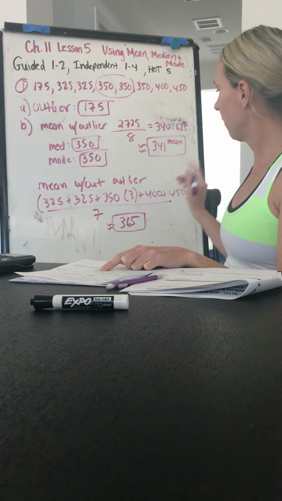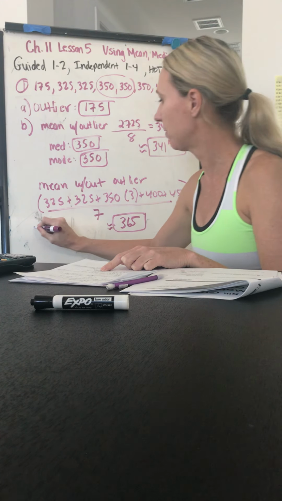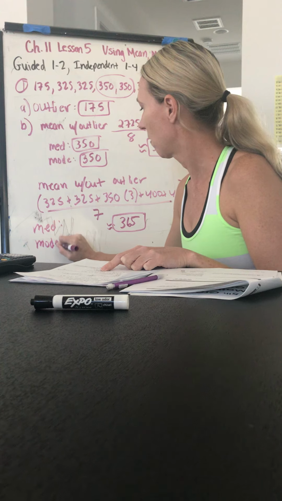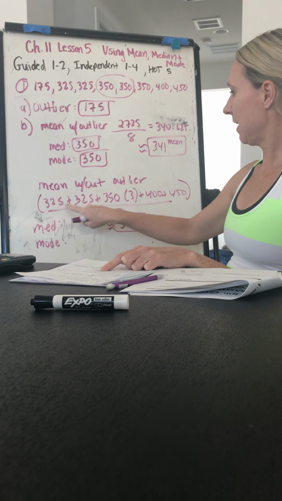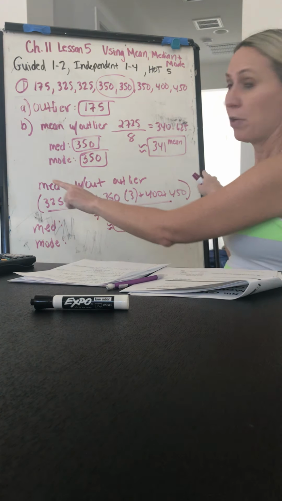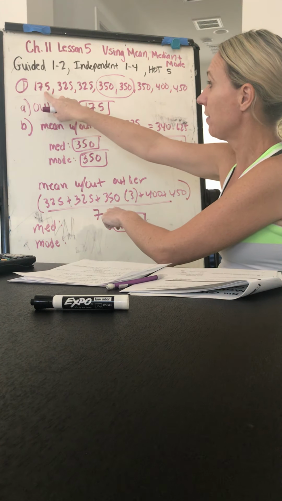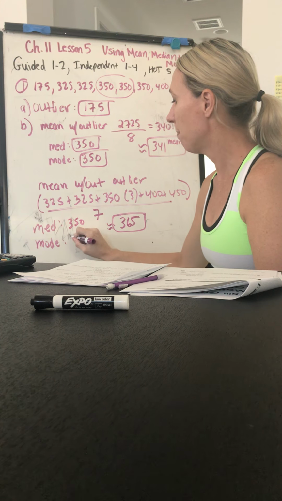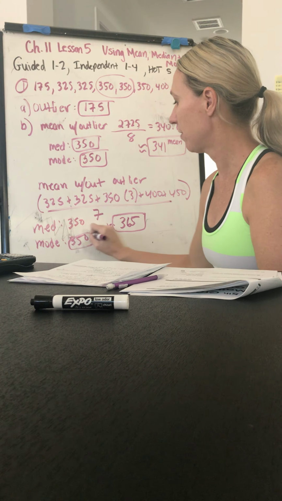Okay, so now if you look at this, let's do the median and the mode. Okay, now this data set, when you still find the median without the 175, you still get 350, and the mode, that also doesn't change.